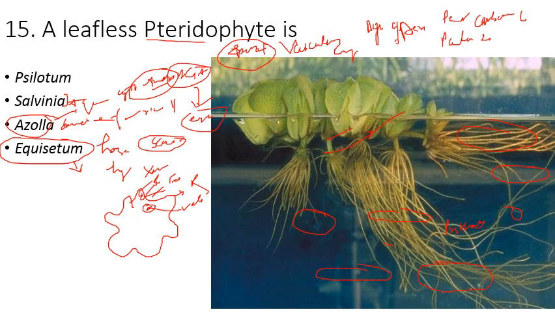Then it contains hypodermis, which is sclerenchymatous. Besides this, it has chlorenchymatous cells, because the leaves are highly reduced and these cells help in carrying out photosynthesis. Inner to this, there is a circular pericycle, followed by single layer endodermis.